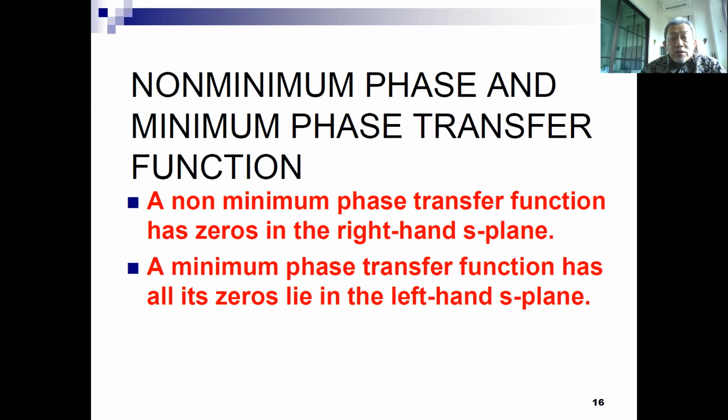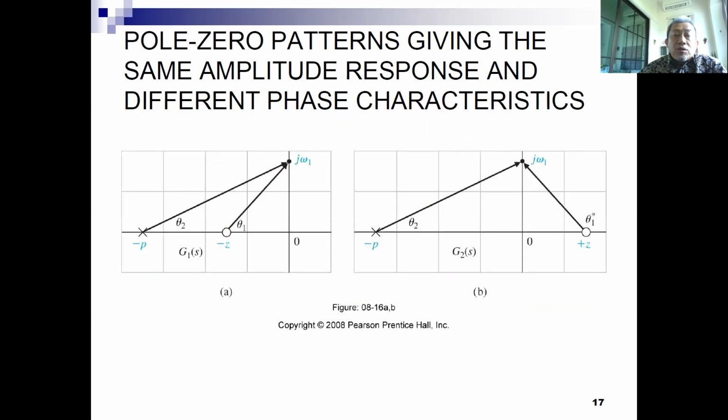So the Z-plane corresponds to the discrete form, digital control, and the S-plane refers to continuous time. So a non-minimum phase transfer function has a zero on the right S-plane, while for minimum phase all zeros lie on the left-hand S-plane. So it can be shown here.